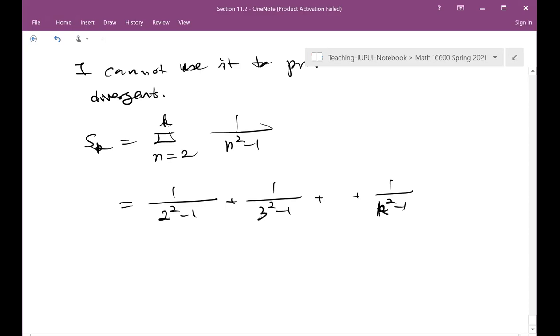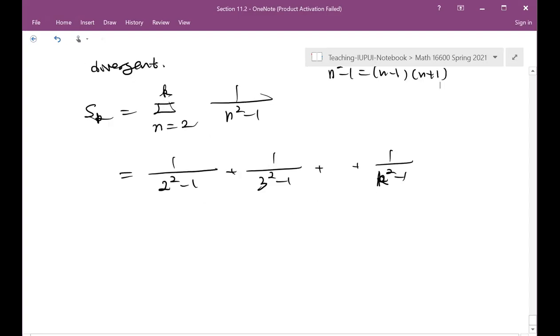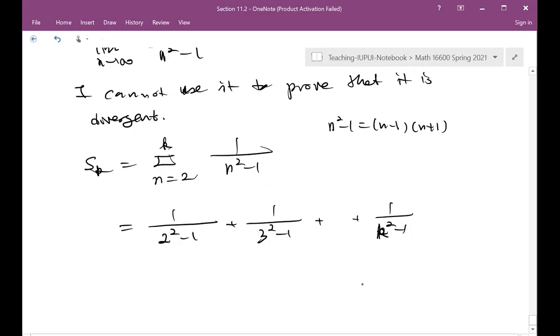Now, when you see n squared minus 1, you should know n squared minus 1 is n minus 1 times n plus 1. That's very important. So the term is going to be n, n minus 1, n plus 1.